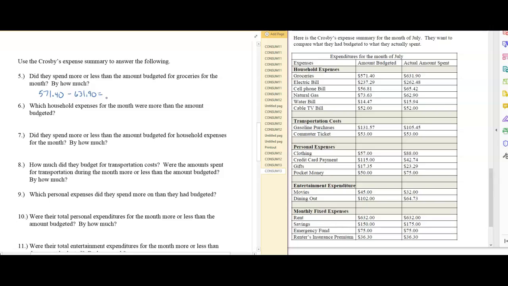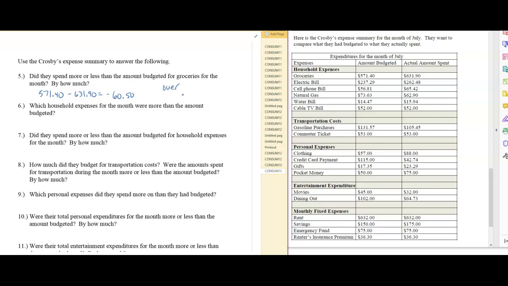And when we go ahead and subtract that, you should obviously see that they are over budget, okay? But by how much? Well, when I subtract, I get negative $60.50. So they are over budget by $60.50. Okay?